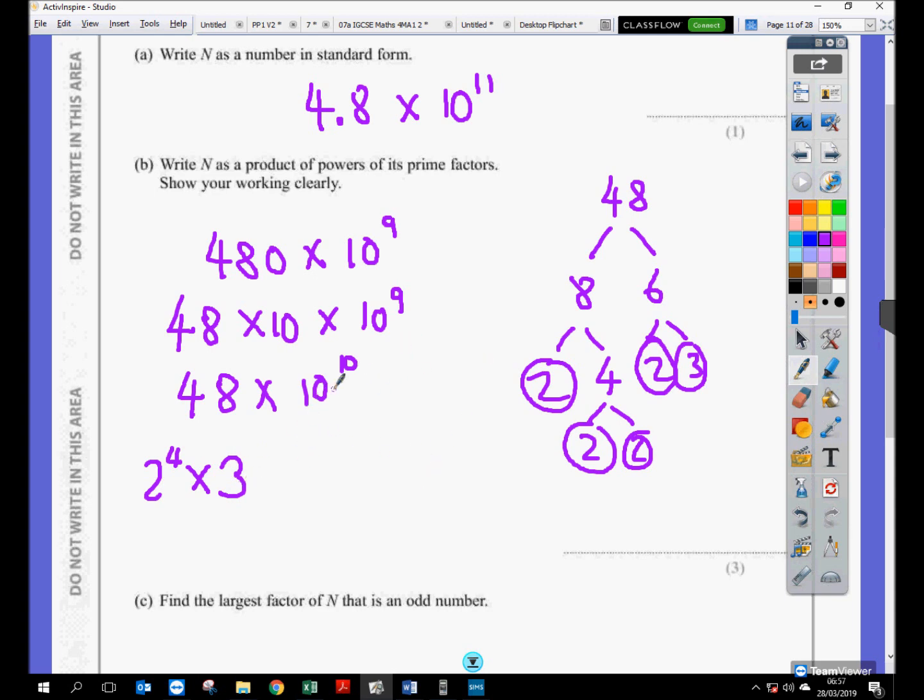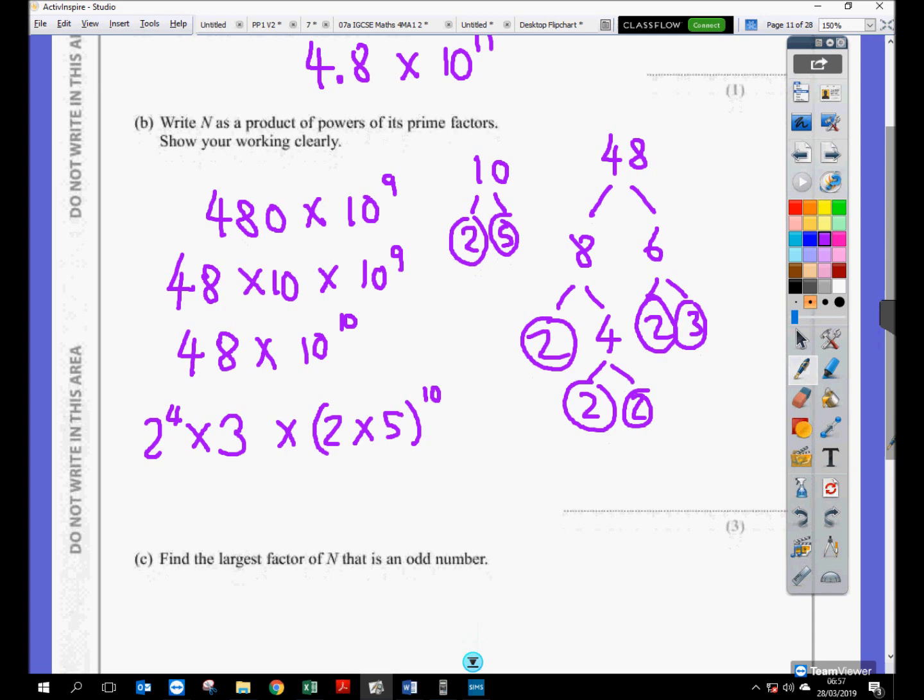And all I need to do now is work out 10 to the power of 10. Now, remember 10 is 2 times 5. So it's really 2 times 5 to the power of 10. Now, this gets a little bit complicated.